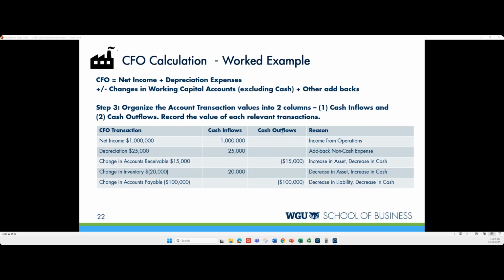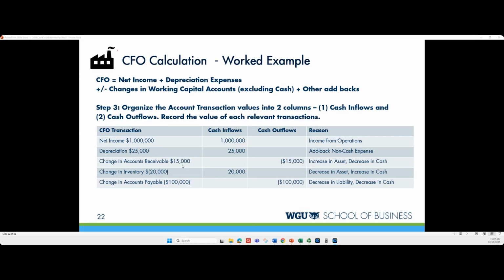Okay, on the outflow side, our accounts receivable increased by $15,000. What that means is that customers have purchased $15,000 of goods from us, or we generated $15,000 of revenue, but it's been paid for on credit.